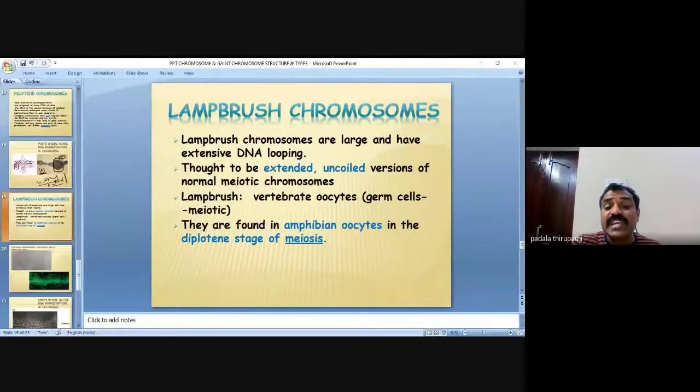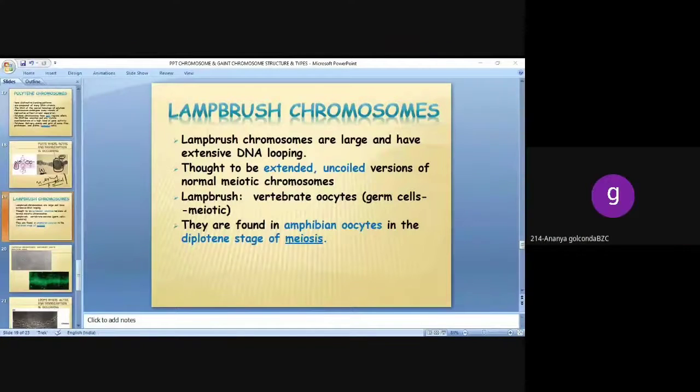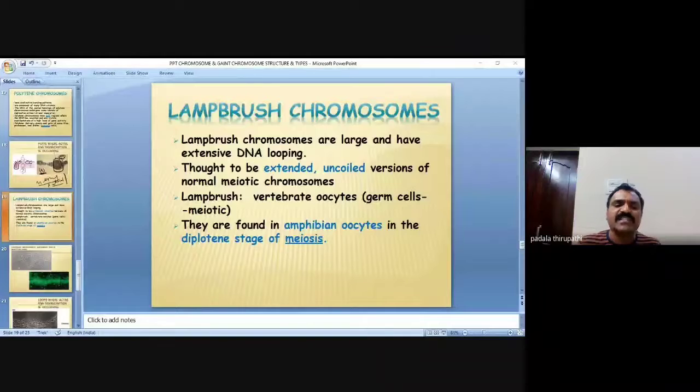In which stage of meiosis? Prophase, and prophase consists of 5 subphases. Which subphases? Leptotene, zygotene, pachytene, diplotene, diakinesis. Are you forgetting? These are the 5 subphases we observe in the prophase of meiosis.